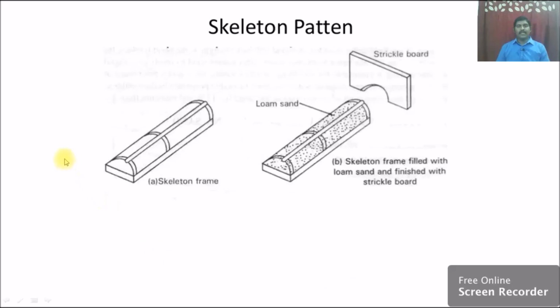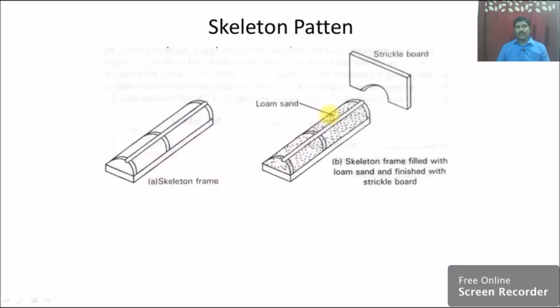Next one is a skeleton pattern. So from the name itself we can easily identify the skeleton frame. So here the semicircle is a skeleton, and here is a second skeleton, a skeleton of semicircle, and the third is a semicircle based skeleton arrangement. So the first semicircle, second semicircle and third semicircle are connected through a stem, so it will be called a skeleton frame.